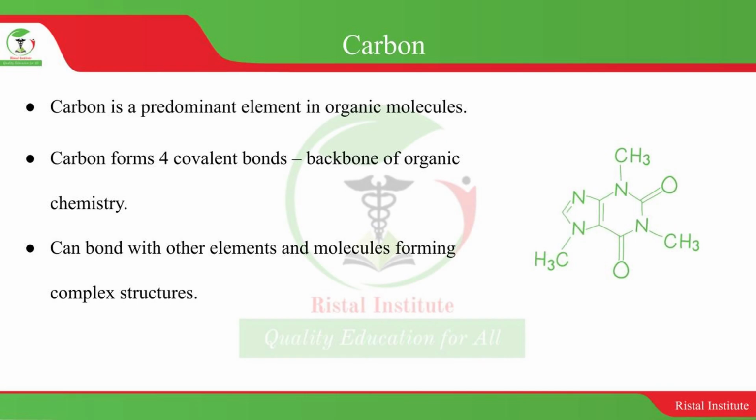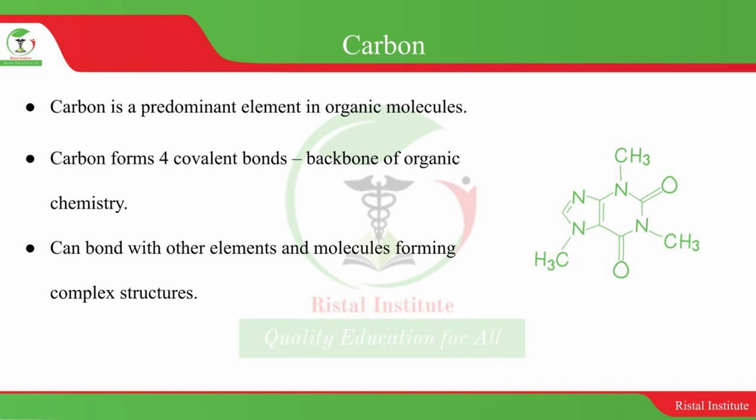So carbon, which is one of the predominant elements, is actually very important. The chemistry that is concerned with carbon is what we call organic chemistry, which you must have looked at in your secondary level education. It has unique capabilities.